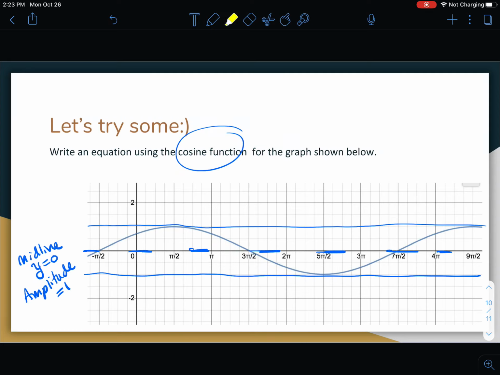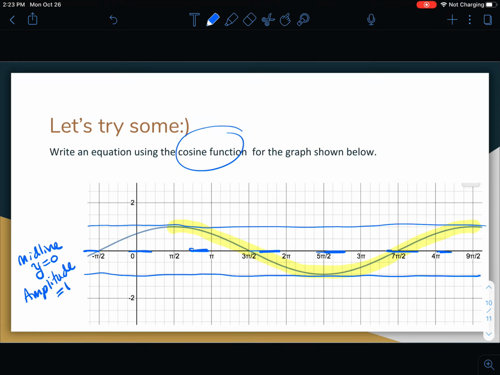So I would like to start here and end here. Now let me tell you again, there is more than one way to write this function correctly. I'm not expecting you to read my mind. So if you chose to represent it a different way, you're still very likely to get the same exact graph when you go ahead and try yours.